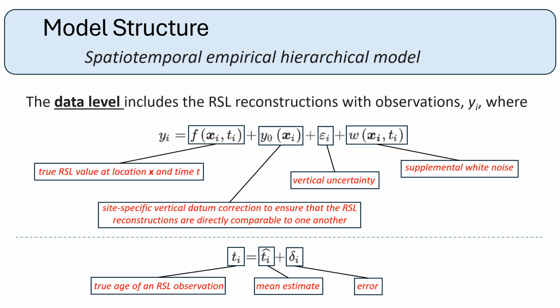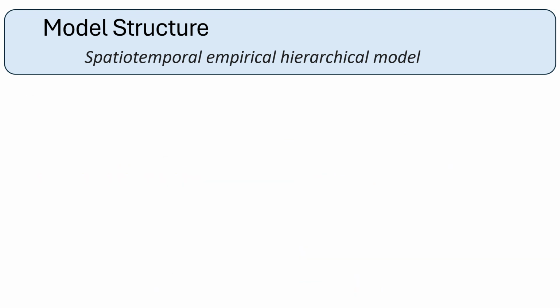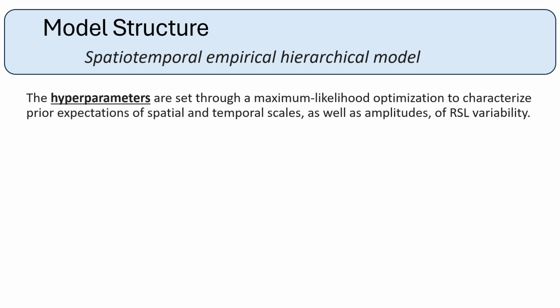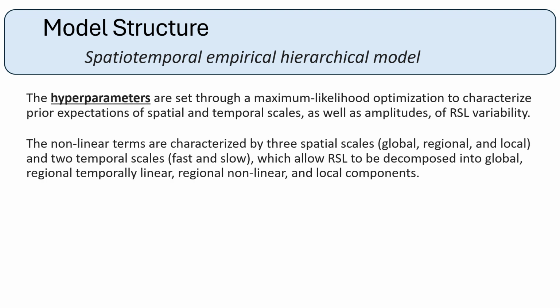So we have our process level of the model, we have the data level of the model, and the final component are the hyperparameters. These are set through a maximum likelihood optimization to characterize the prior expectations of those spatial and temporal scales, as well as the amplitudes of relative sea level variability.